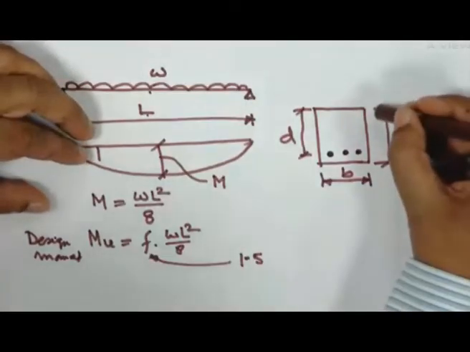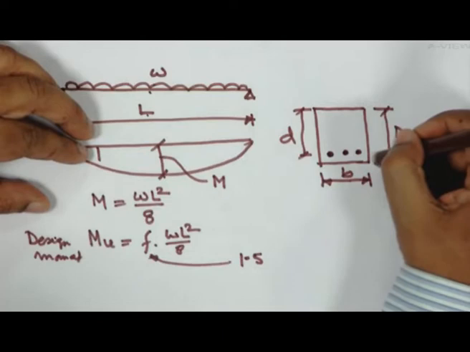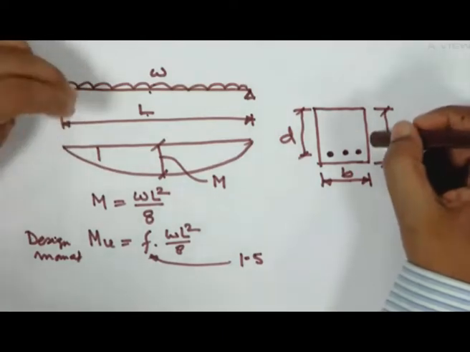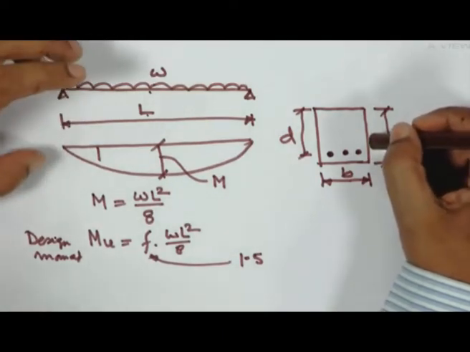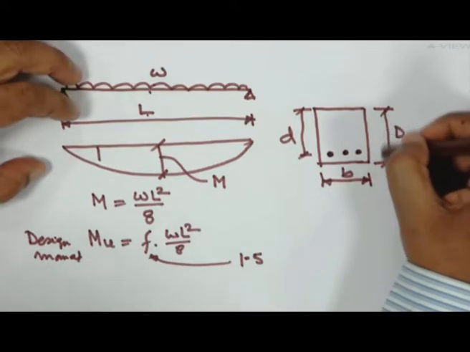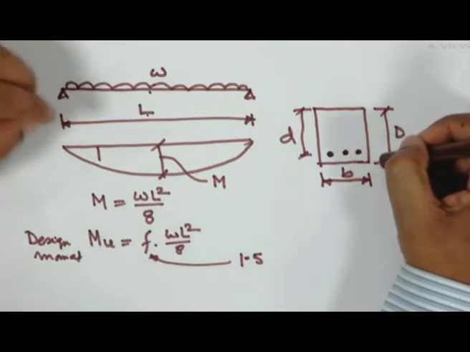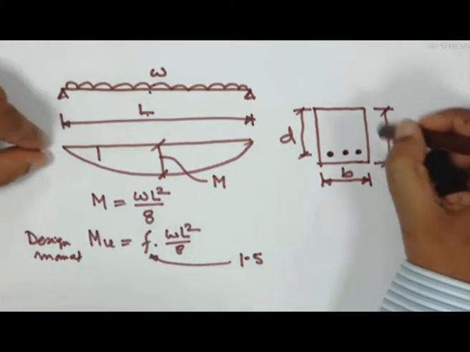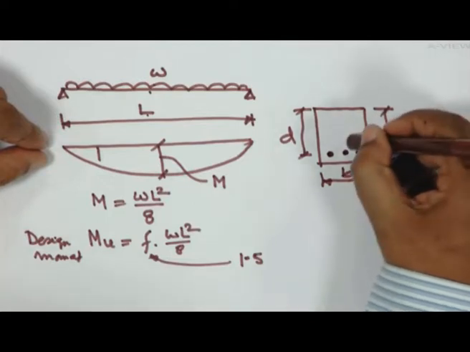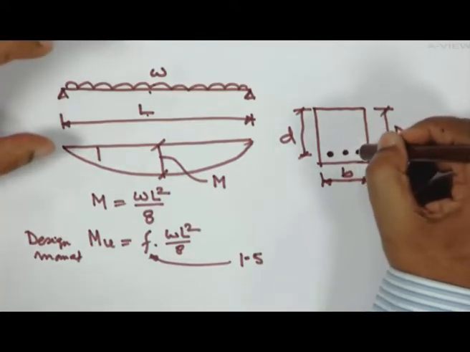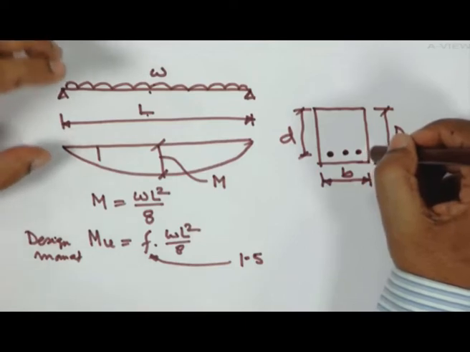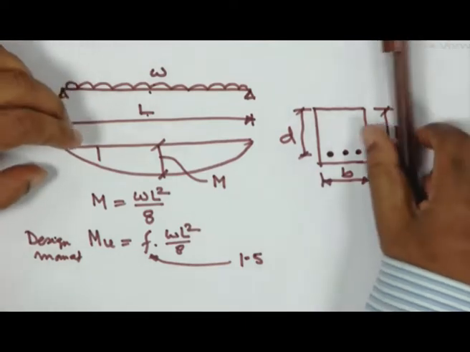In this case the depth is dependent on the load, on how much bending moment is coming. You cannot provide just whatever you like. You have to provide what is required from the applied load or applied moment, in this case 200 kilonewton meter.